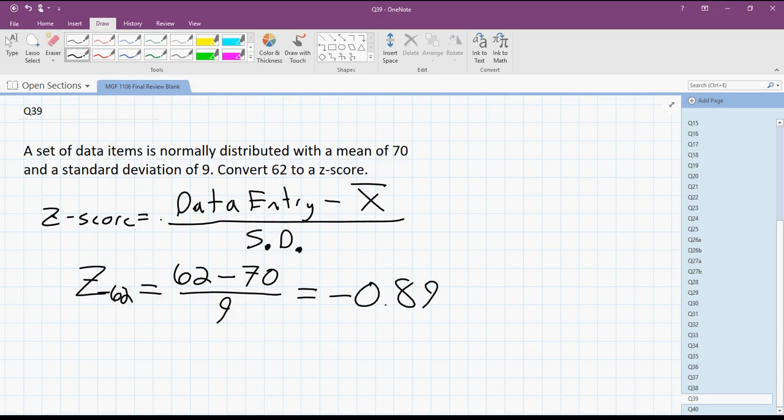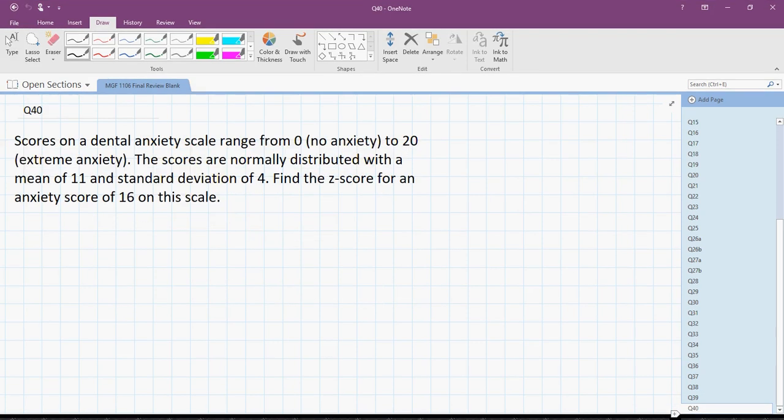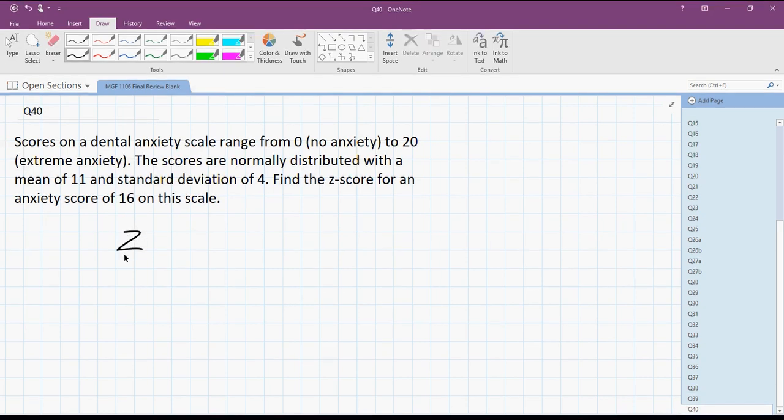All right. Number 40 is going to be just like this. We're going to run that same formula. So we want to find the z-score of 16. So what's your data entry?